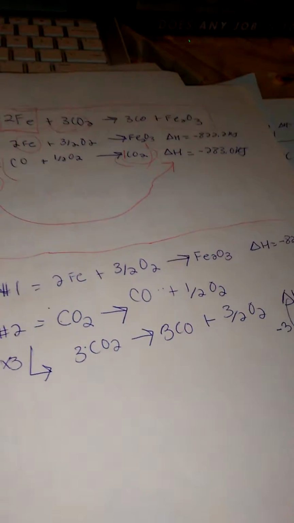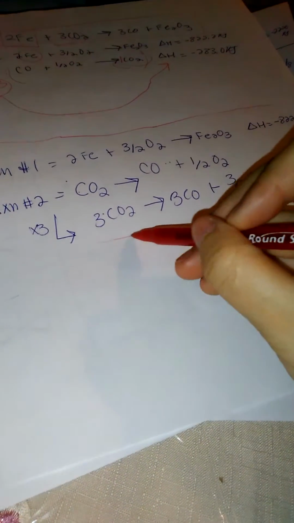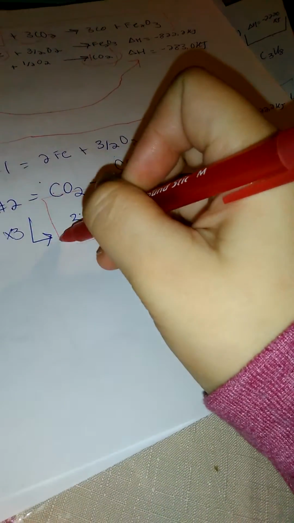First we need to check if everything's fine, that when I add these two equations, I will get the first one that we wanted. So this is our reaction 2, and this is our reaction 1.